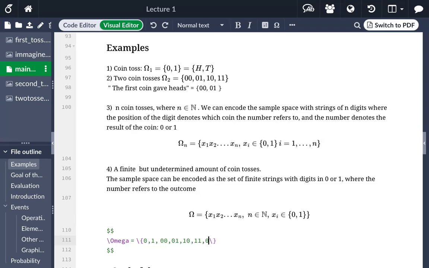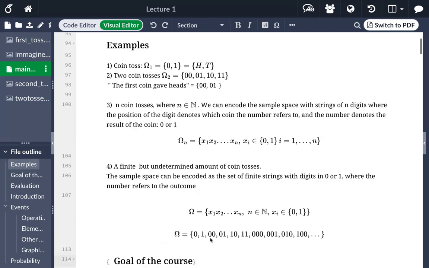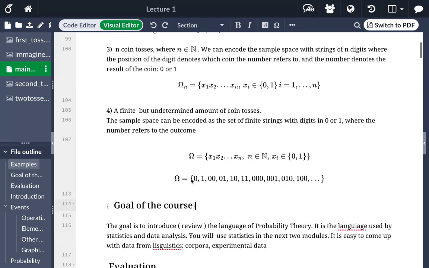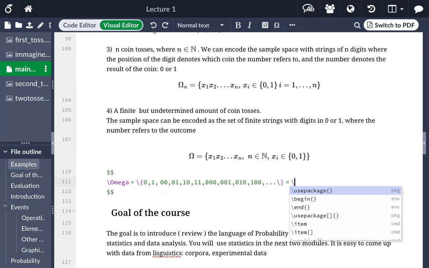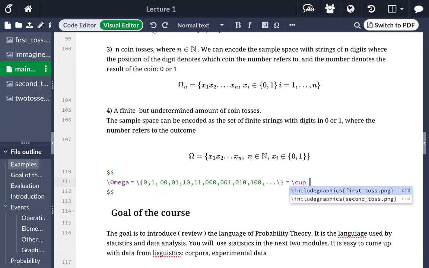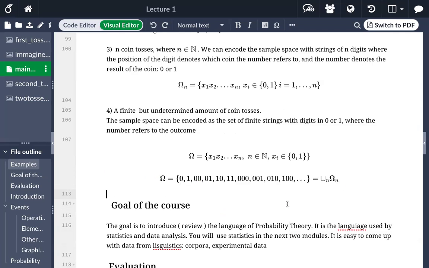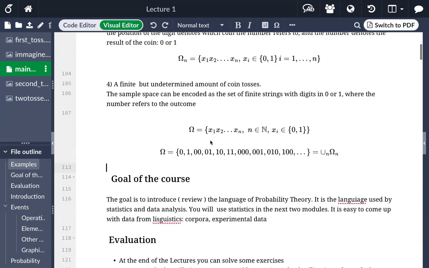Then if there are three coin tosses, etc. So I've written this set in three different ways.